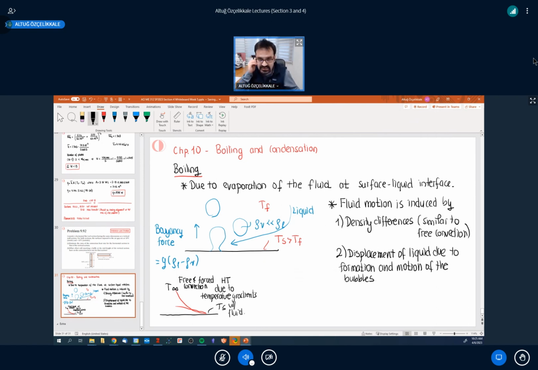The main player is actually what's happening inside the bubble. So imagine this bubble is actually an energy carrier now. What is the energy that's being carried? Energy that is trapped within the bubble compared to the surrounding is the density of the vapor multiplied by volume of the vapor multiplied by the enthalpy of the vapor.